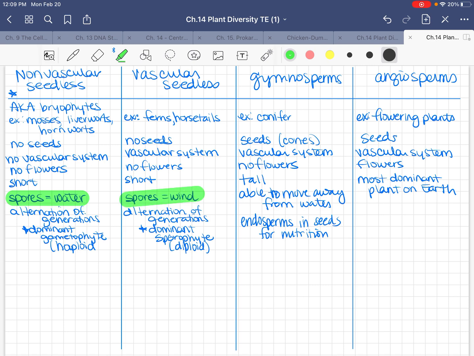So spores in vascular seedless move by wind, and seeds spread by the fruits, and then the seeds on our cones there spread by wind. Okay, make sure you pay attention to that chart and know it backwards and forwards.